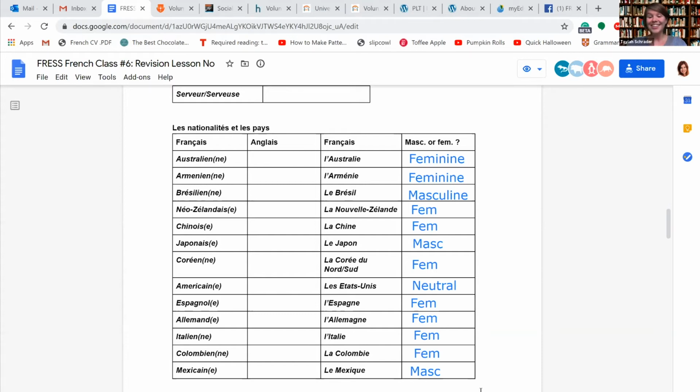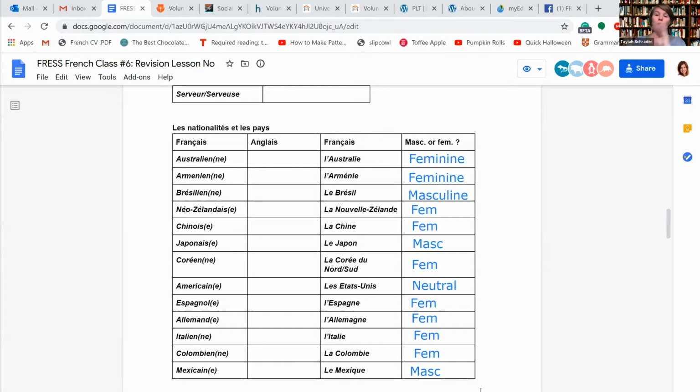Again, it's one of the things where they're like, oh, it doesn't sound feminine, so it's masculine. Like la Mexique, le Mexique. The only people who would really know that you're pronouncing it wrong are the very snooty French people that do pay attention to articles.